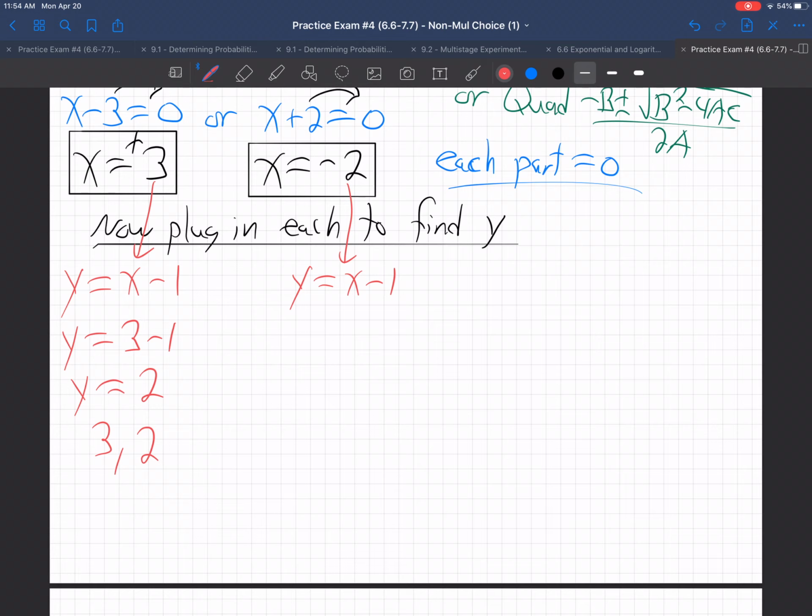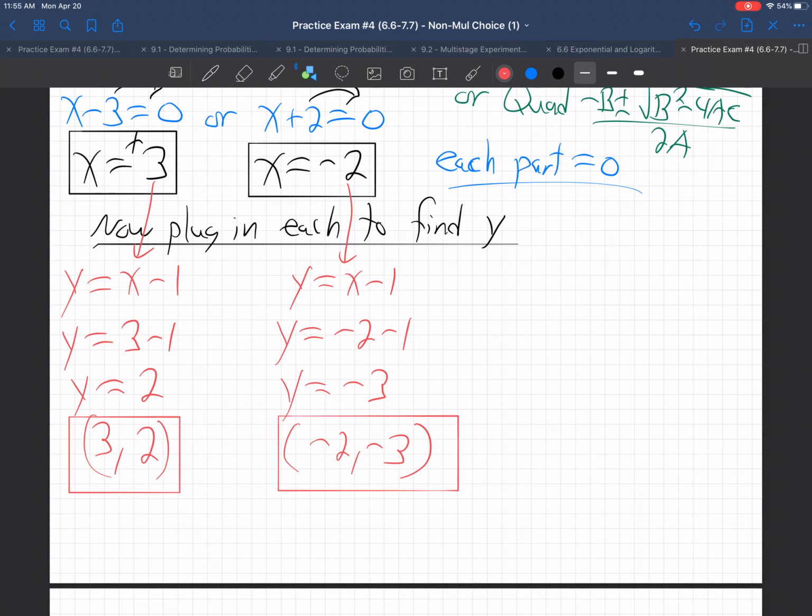The x equals 3 led to the y equals 2. So those go together. And then over here, plug in the negative 2. We get negative 3. So that's negative 2, negative 3. Didn't make that very neat. And so there we go. There are our two answers for x and y. We got both answers.